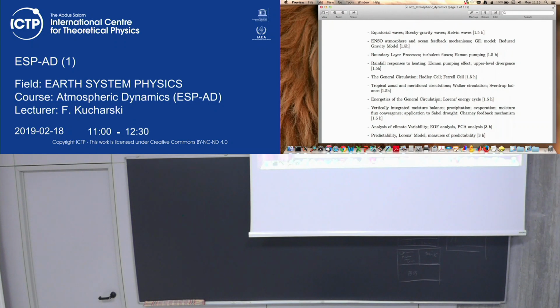And so we will discuss this in a very simplified framework always. Of course, it would be nice to have a closed theory for everything, but as you well know already, we cannot solve the Navier-Stokes equations as they are. So usually we can do either of two things.